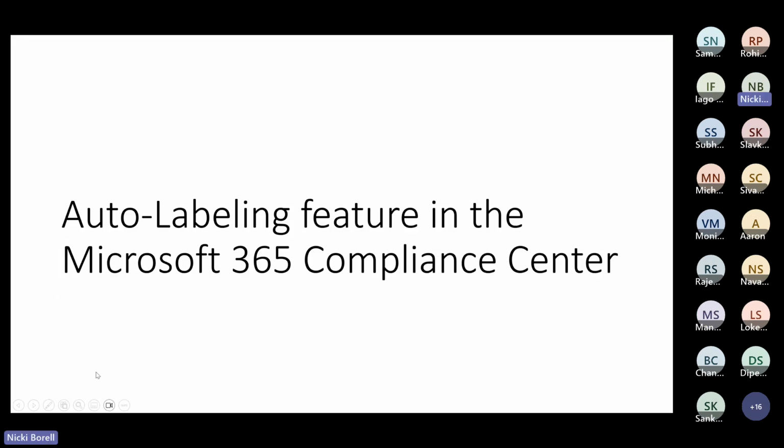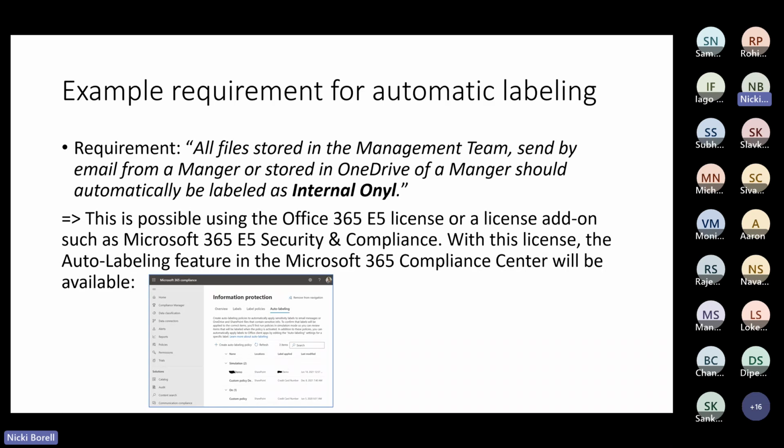Okay, the next feature I want to show you is the auto-labeling feature we have in the Microsoft 365 Compliance Center, now also known as Purview. There is an auto-labeling feature in the information protection section of Purview. You can see it here on the screenshot.